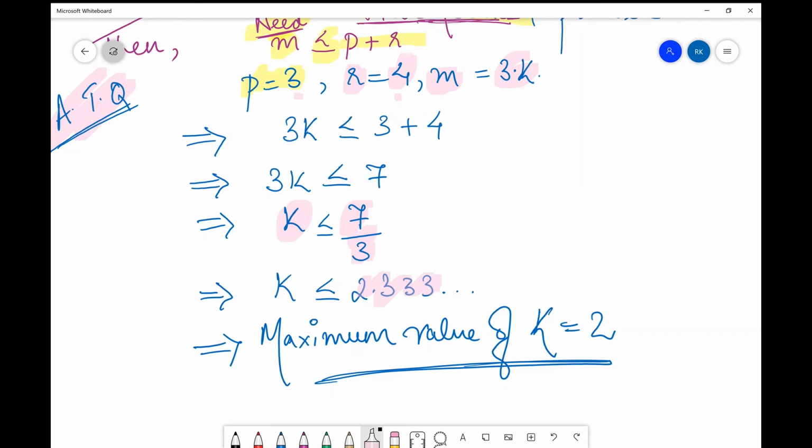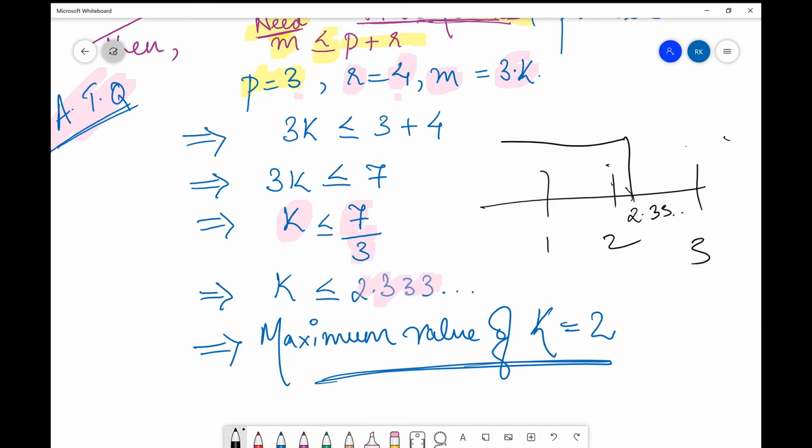So k is less than or equal to this, then what is the maximum value? If you see on the number line, 1, 2, 3, the values are all less than or equal to 2 point something, so this is, let's say, 2.333. Less than or equal to this, so in this direction. Then what is the maximum value?